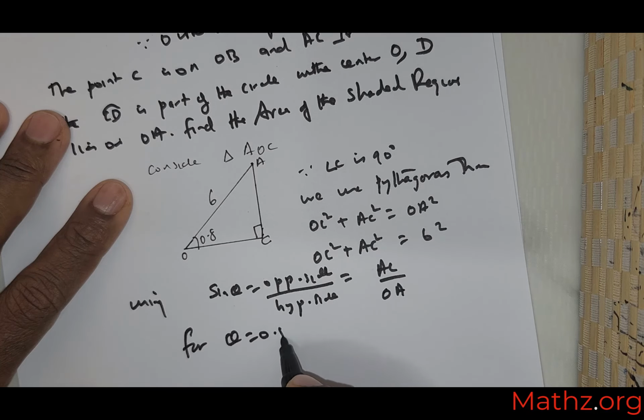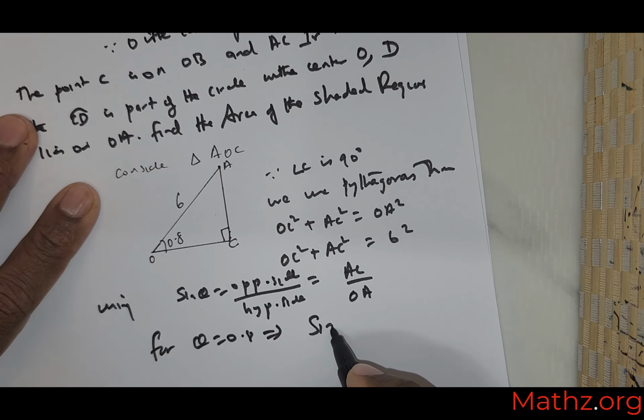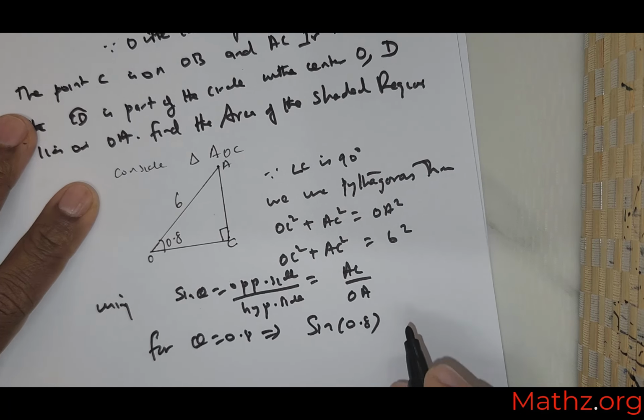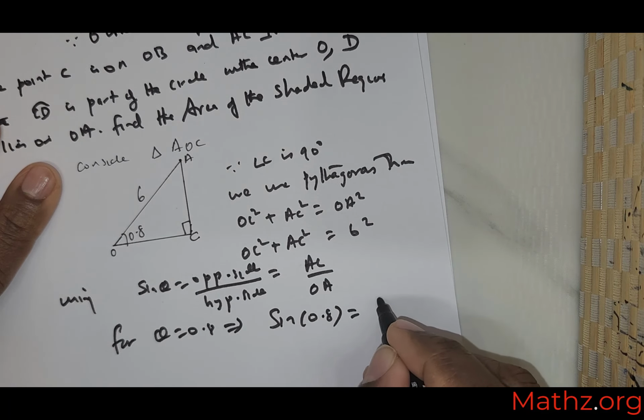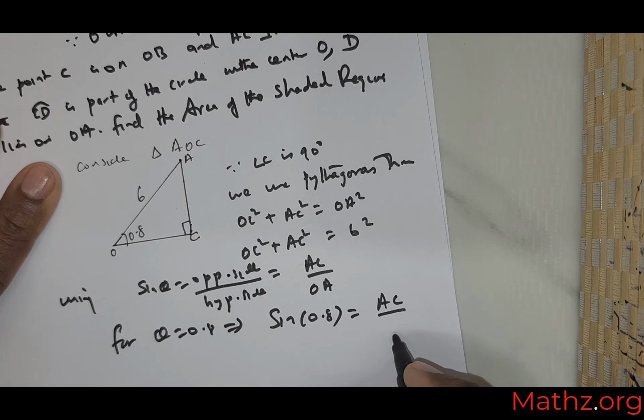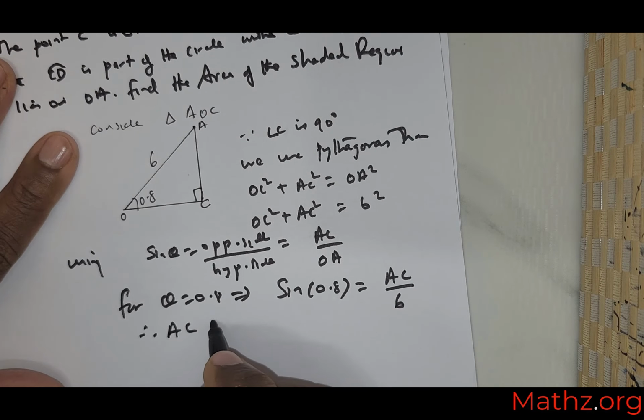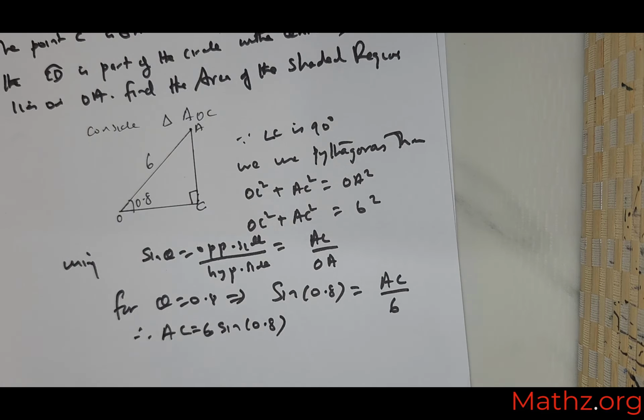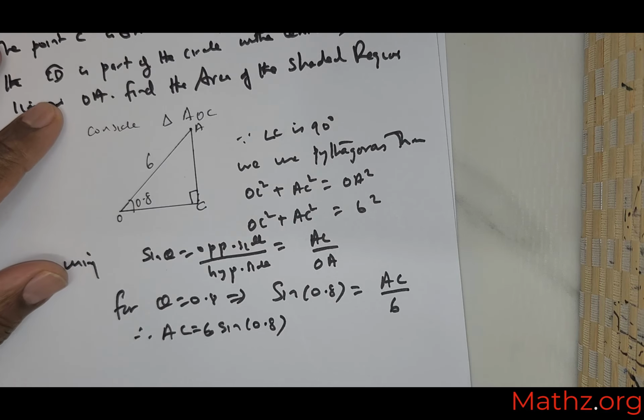For theta equal to 0.8, sine of 0.8 is equal to AC divided by OA, which is 6 units. So therefore AC is 6 times sine of 0.8. Now this is given in radians, right?